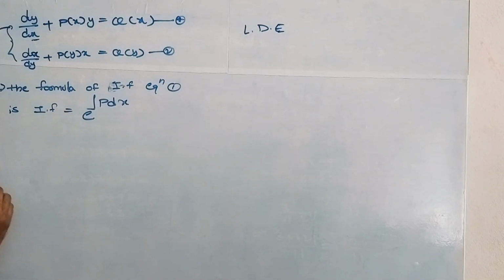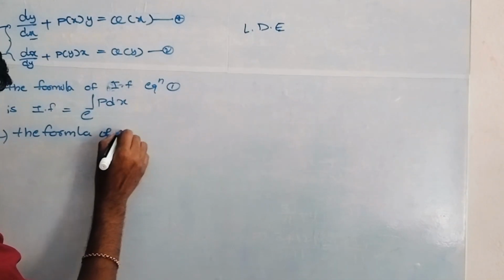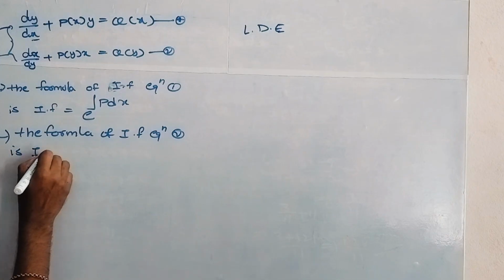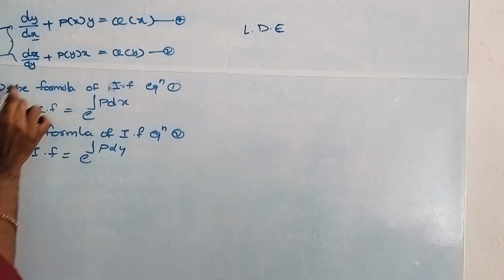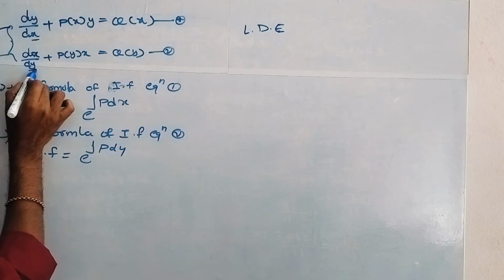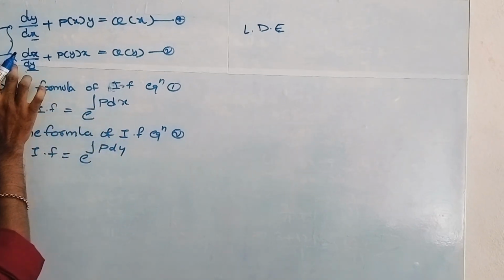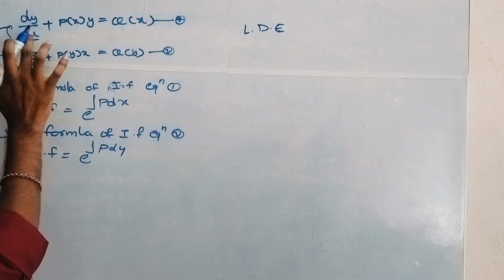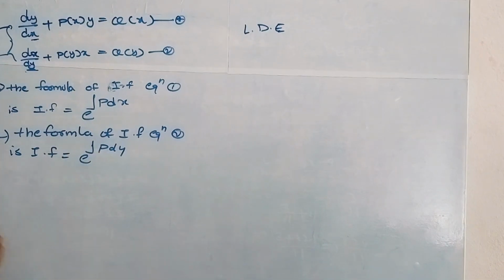The integrating factor for equation number 2 is e power integral p dy, because here we are doing the differentiation with respect to y. In equation number 1 the differentiation is with respect to x, so we find the integrating factor with respect to x.